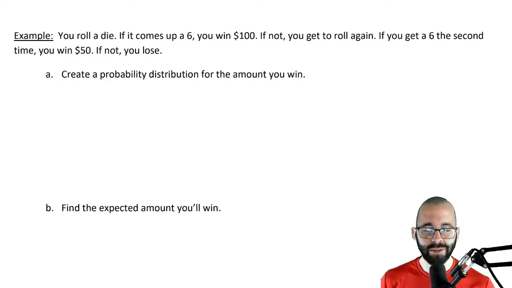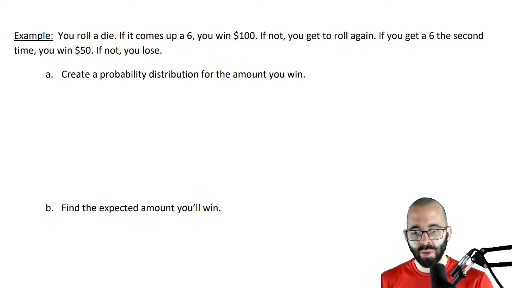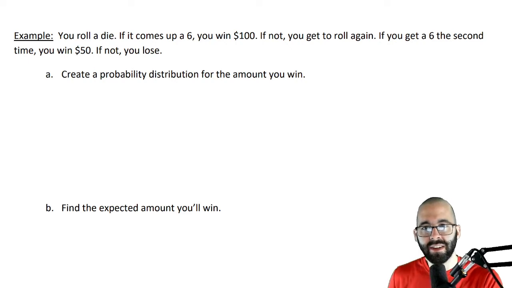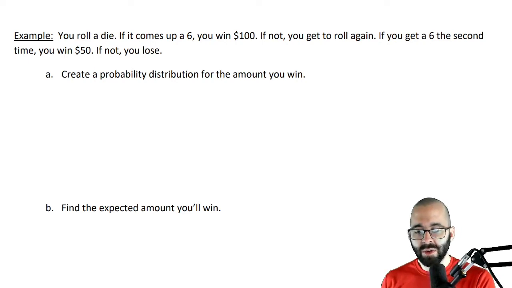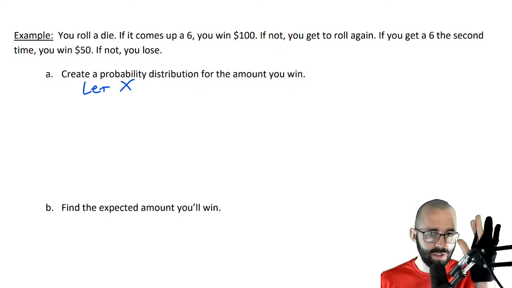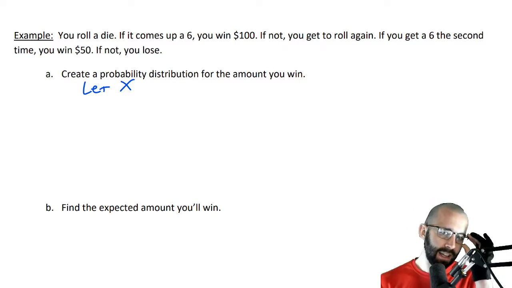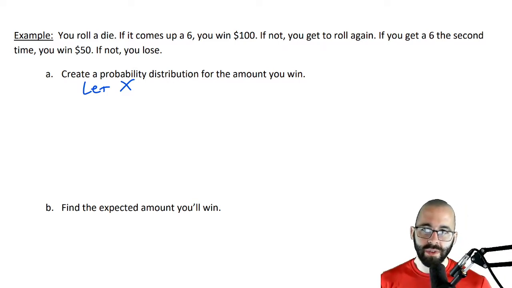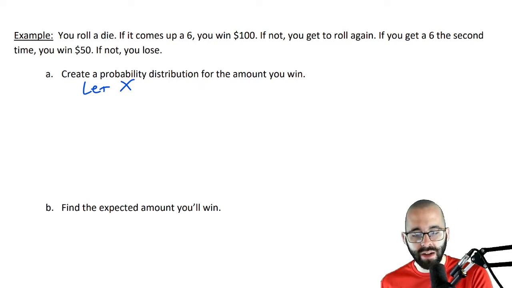This one's more complicated, right? This probability distribution's complicated. What are the options? Well, we need a random variable. Let's call our random variable x because we're not very creative. Let x be the amount won in dollars. We want a probability distribution for the amount that we win.